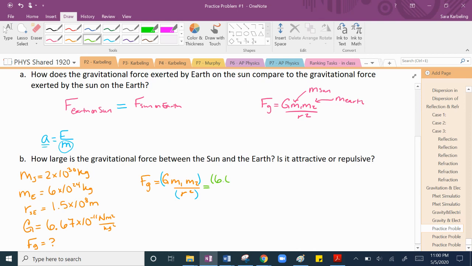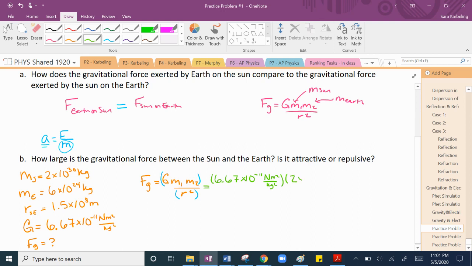So 6.67 times 10 to the negative 11th Newton meters squared per kilogram squared times, it doesn't matter which one's M1 and M2 because you're multiplying. 3 times 4 is the same as 4 times 3, right? So either way, I'm going to write it in the order I have them in my givens list.